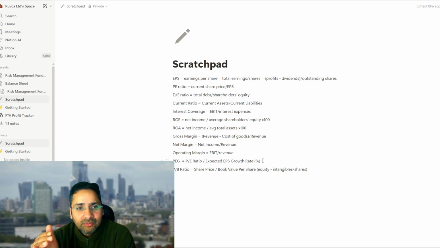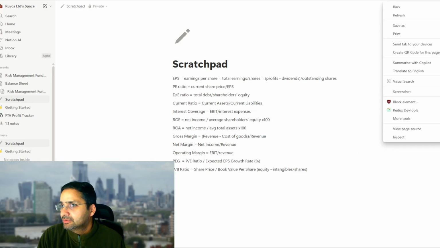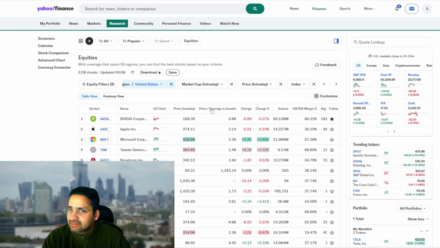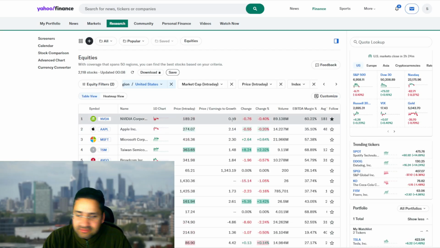If it's greater than 1, then just sell. And if you go to Yahoo Finance, I just added PEG here. So if you search up the columns, it will be under price divided by earnings to growth ratio, and you see that Nvidia is still on the top, which is 0.89, so it's a strong indicator to buy.